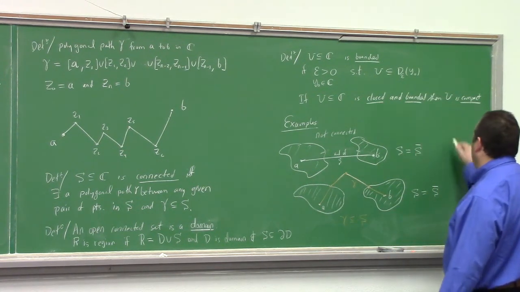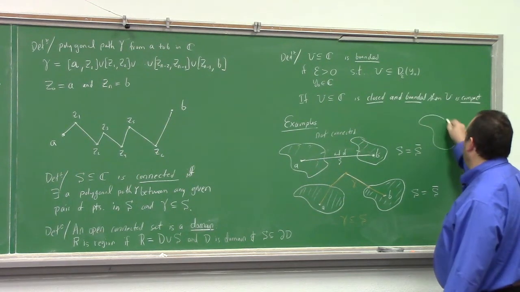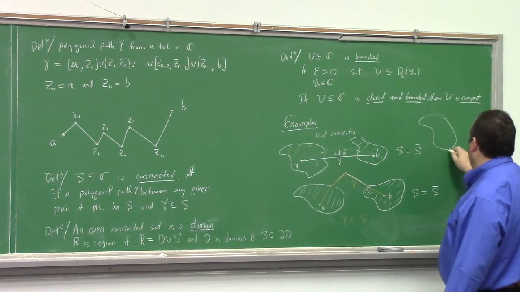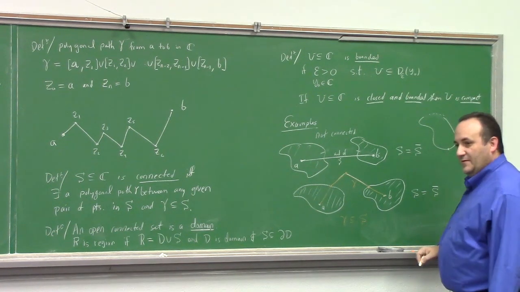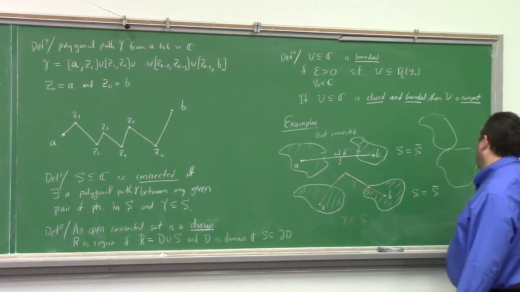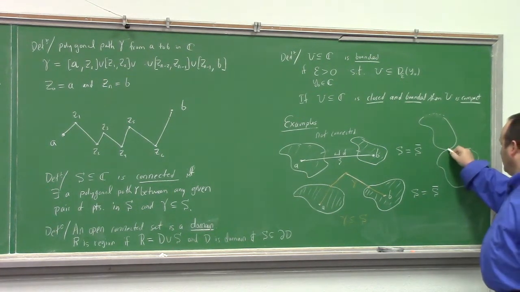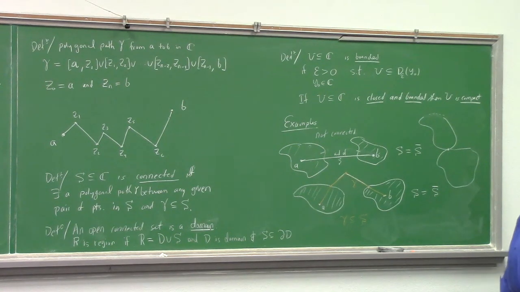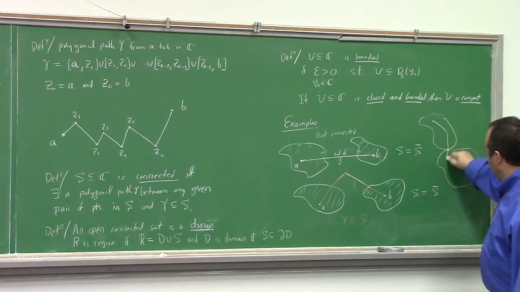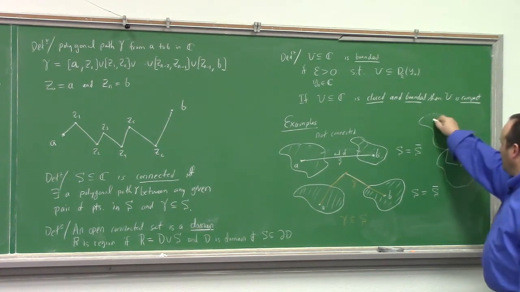In fact, here's a more general thing: if you have this as a connected set, and this time I'll make part of the edge bounded, and then I have one point which connects it to another connected set, then the union of both of them is still connected, because you can take the line segment and run it through that connecting point to connect any two points in the set.